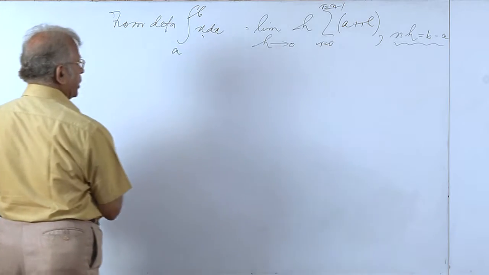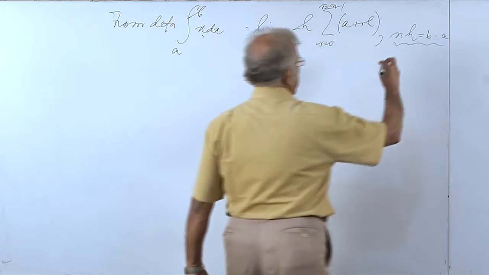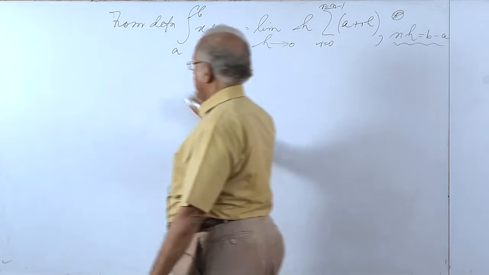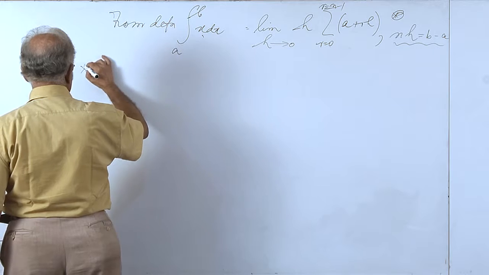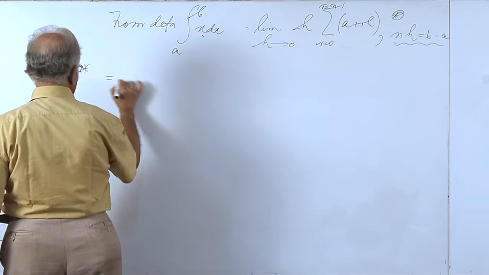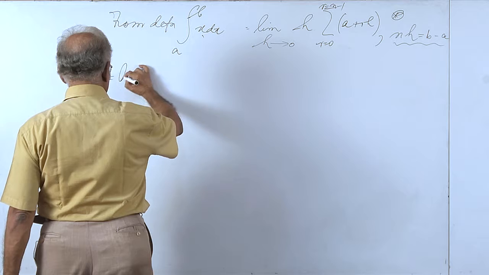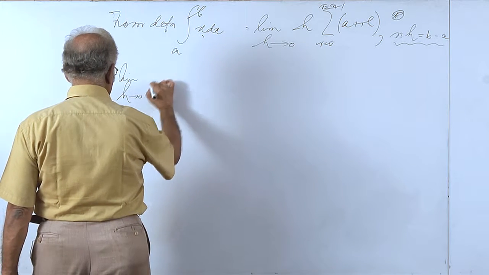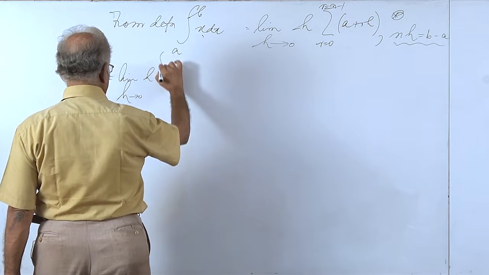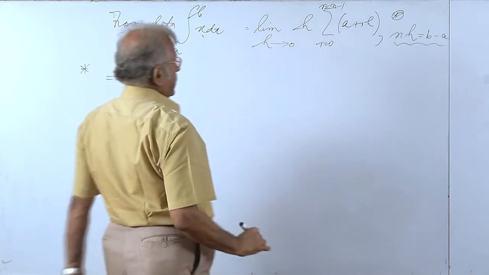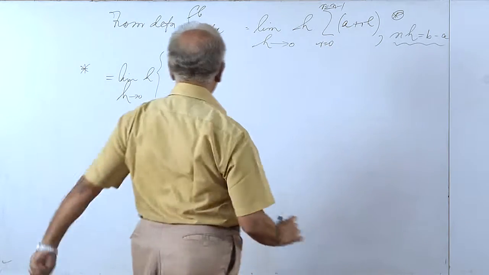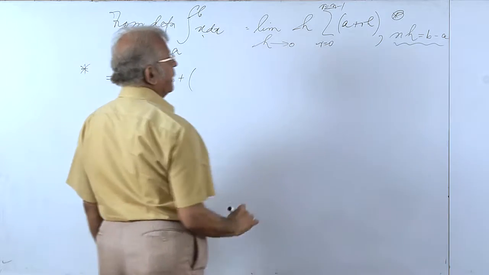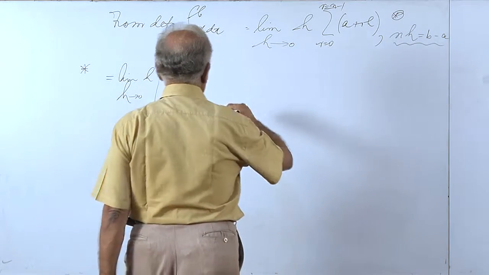So that is equal to, if we put an asterisk here and write from the asterisk, that sum is equal to the limiting value as h tends to 0, h times: first term is a plus 0h, so a, plus second term is a plus 1h.